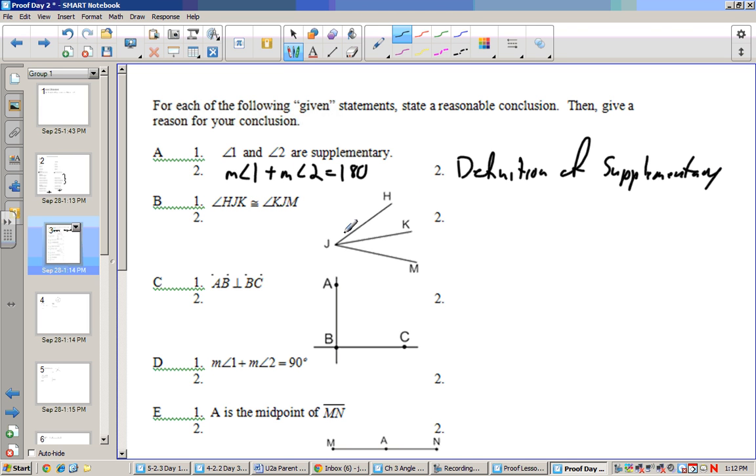Now, if angle HJK is congruent to angle KJM, then we can say JK is an angle bisector, and that's the definition of bisector.